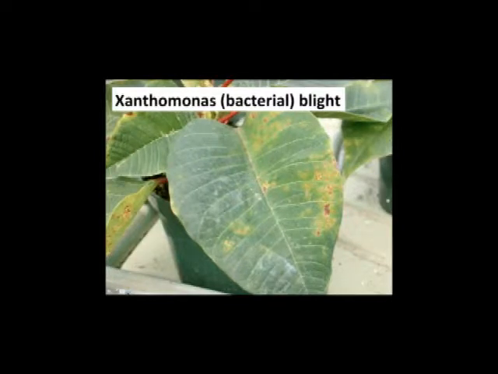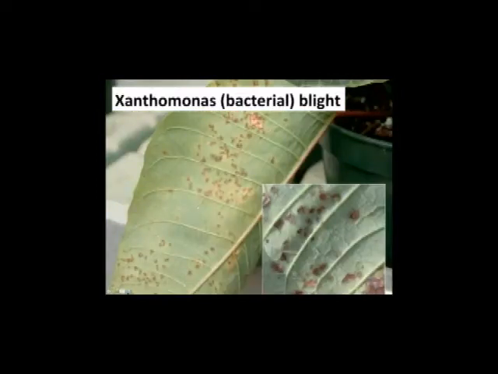So one of the first things that you notice, forward please, is that the spots are first visible on the underside of the leaf, and they'll often look gray to brown. They will produce water-soaked lesions, and as these lesions enlarge to 2 to 3 millimeters, they can then become visible on the top side.